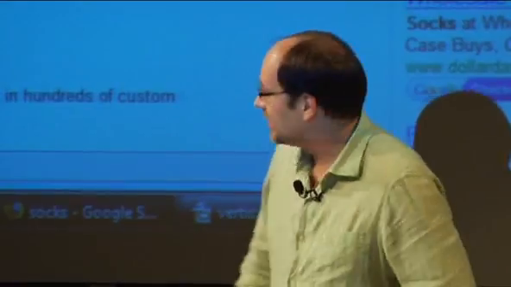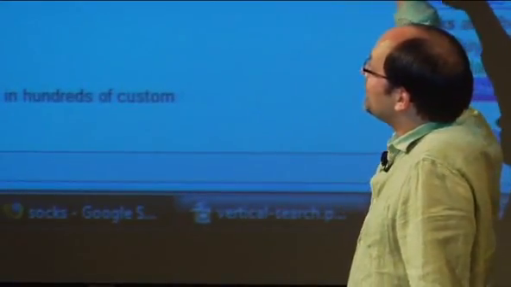Another thing that works really well: we talked about white hat cloaking yesterday, and some ways of slicing and dicing the content when you have a big site in particular. Here's just a generic search for socks.